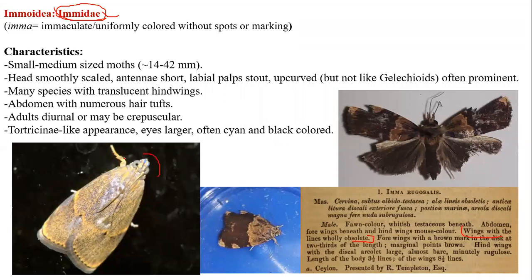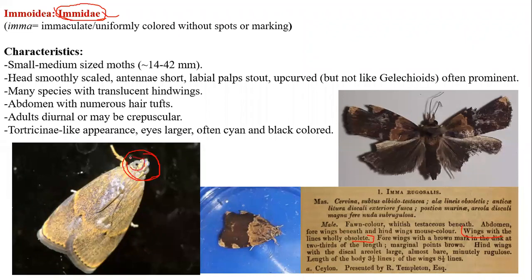I think it's visible from this image that their labial palps are upcurved, though this is not like Gelechioidea. And sometimes when they rest, they usually keep their antennae backward, just like crambids, and their eyes often tend to be darker or cyan colored.